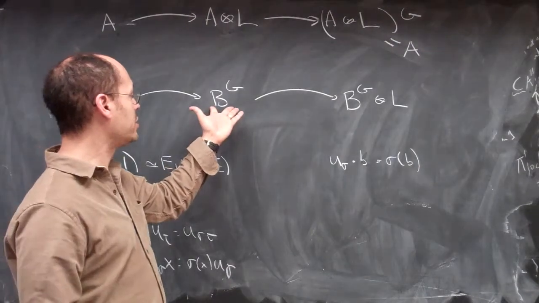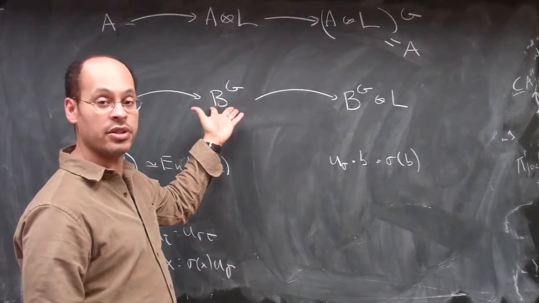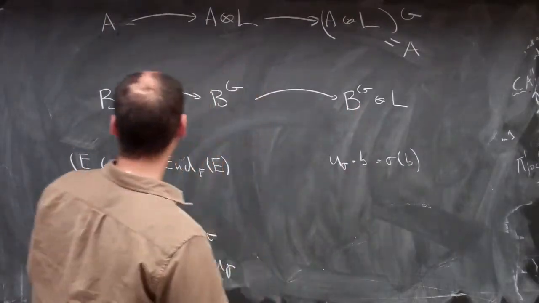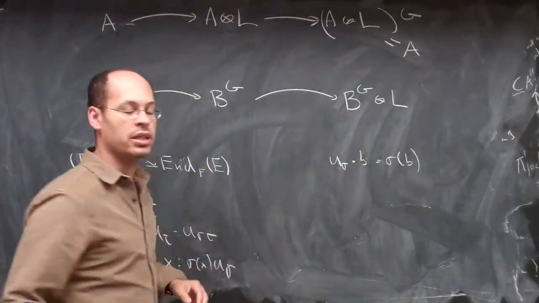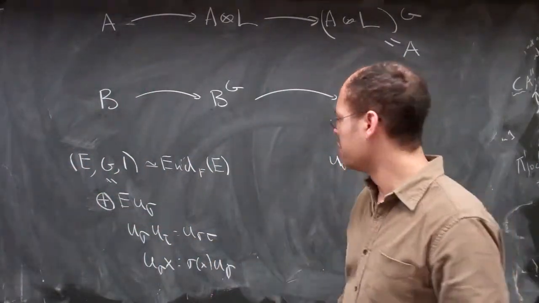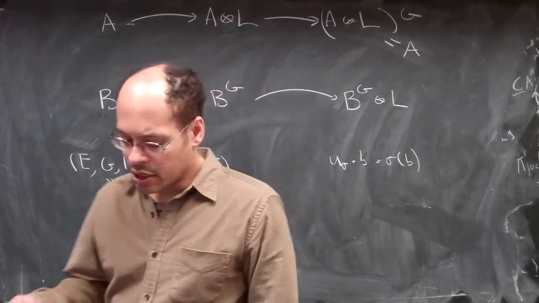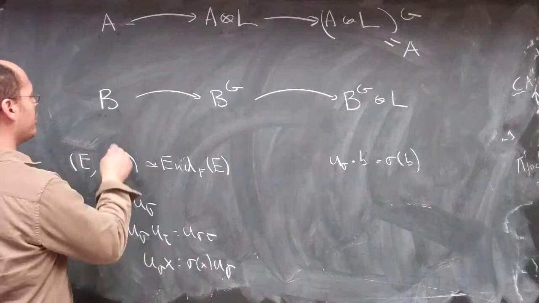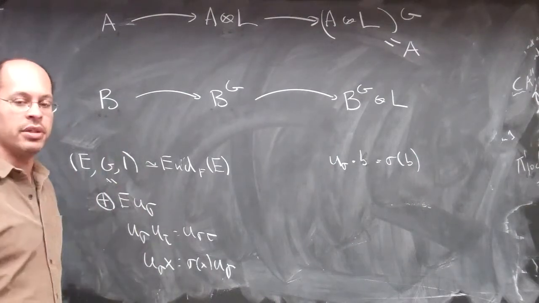We extend scalars, we take G invariants, and then we extend scalars back up to L. And the question is, why are things on either side naturally isomorphic? Well, let's really think about what the semilinear action on B is like.